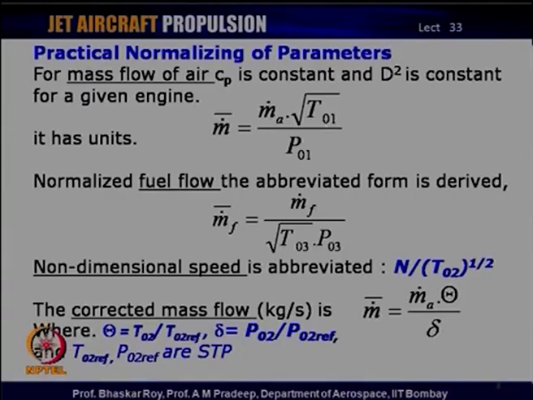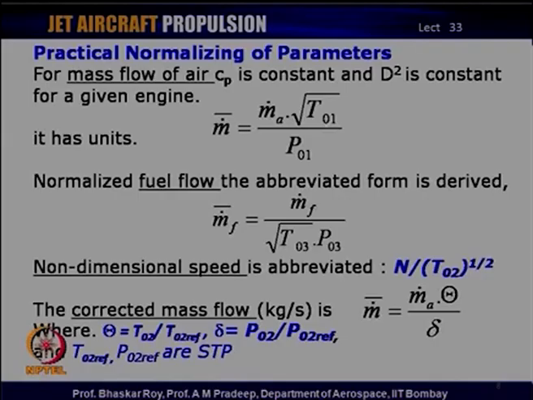So, this normalized parameter is not non-dimensional, it has units, which can be written down depending on what unit you are using. Correspondingly, the normalized fuel flow can also be derived in exactly the similar manner using dimensional analysis as m dot f bar, that will be equal to m dot f divided by root over T 03 into P 03.